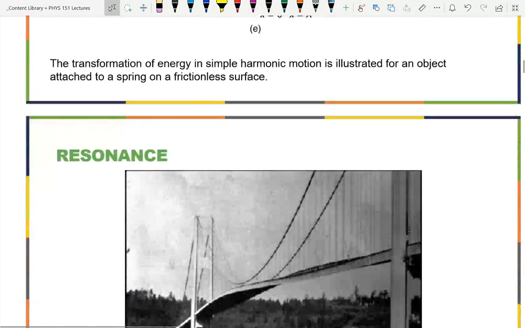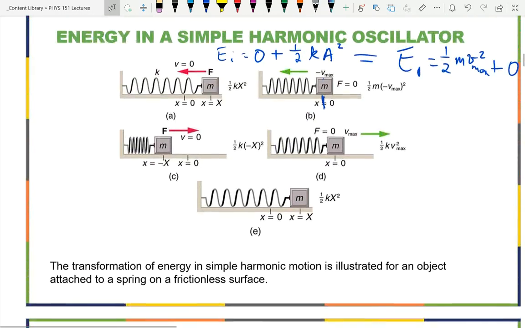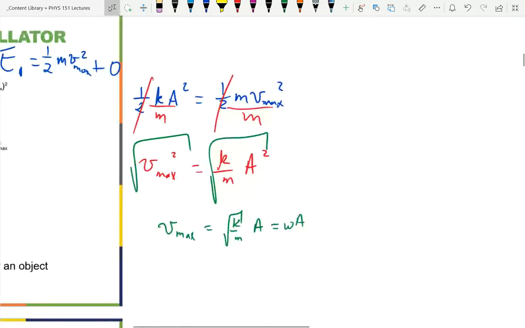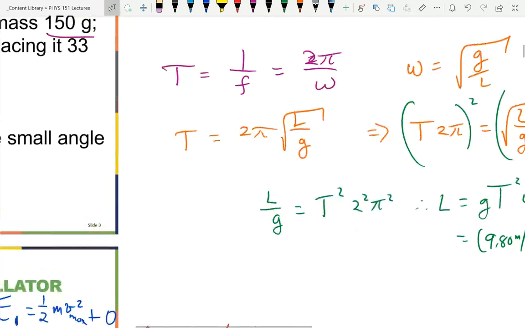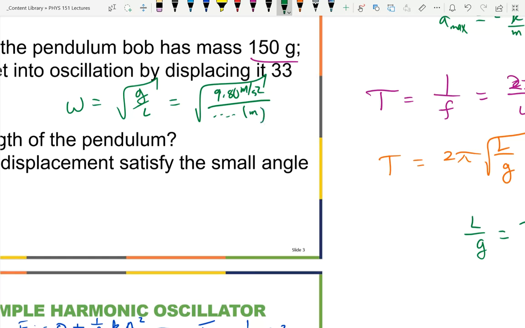Okay, let's test Richard's memory just a little. What are the units? Where are we on this? Okay, we're here. I said omega is equal to square root of G over L. That'd be square root of 9.80 meters per second squared over something in units of meters.